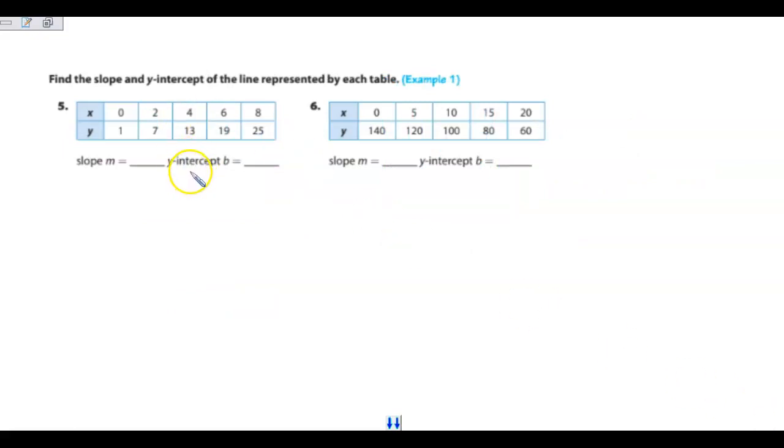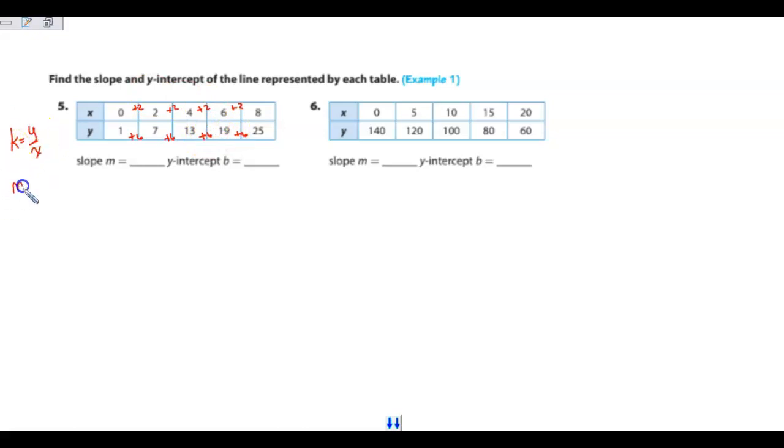Find the slope and y-intercept of these. So we're going to look for our change. And I happen to notice that if I add 6, add 6, add 6, add 6, that's going to give me each of these. And then these are going up by 2's. Remember when we had the constant is y over x?